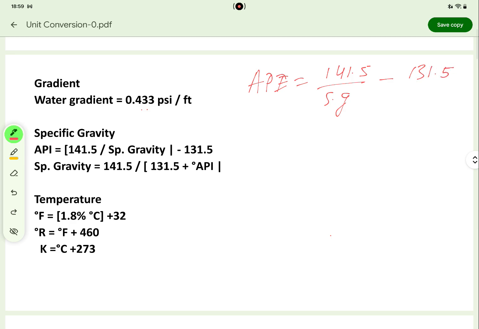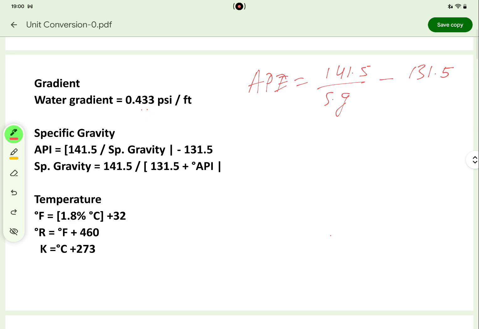So after getting the specific gravity of any oil, you are able to obtain the API value. After obtaining the API value, you can simply identify whether the crude oil is a lighter crude oil, heavier crude oil, or medium crude oil, right?